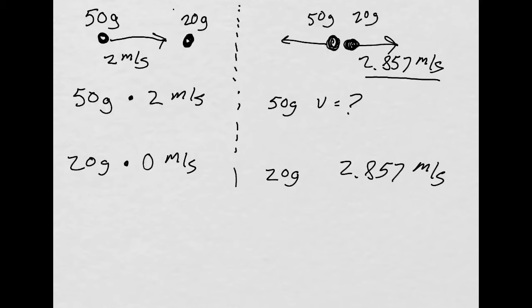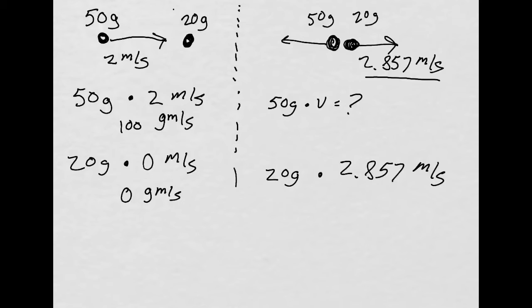To find the momentum of each of these, we need to multiply our masses times our velocities. So, 50 grams times 2 meters per second gives us the initial momentum of marble 1 of 100 gram meters per second. And initially for marble number 2, the 20-gram one, it has an initial momentum of 0 because it's not moving.